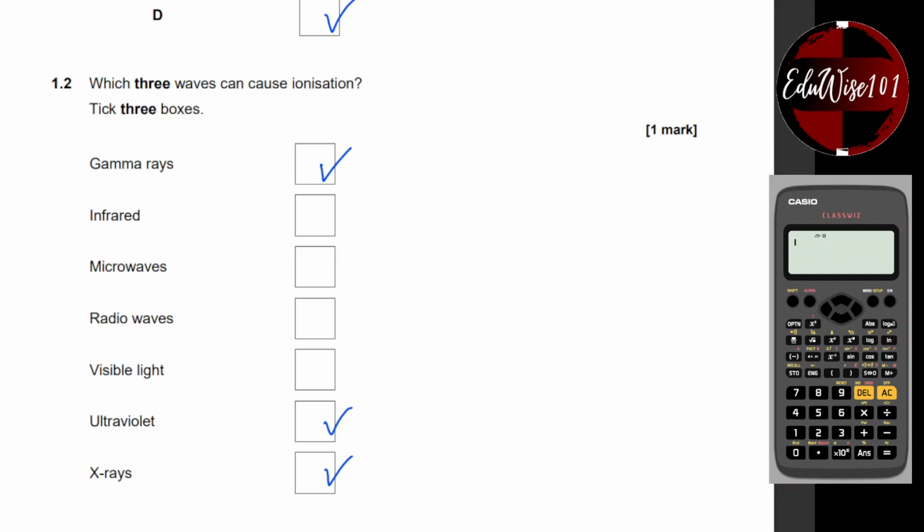Most ionizing is gamma. And the least ionizing out of these 3 is UV. Next question.